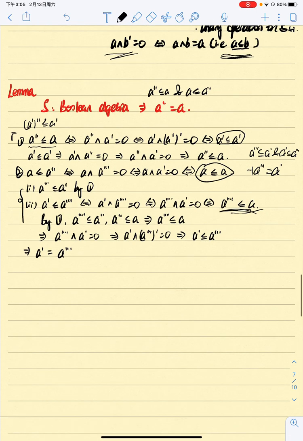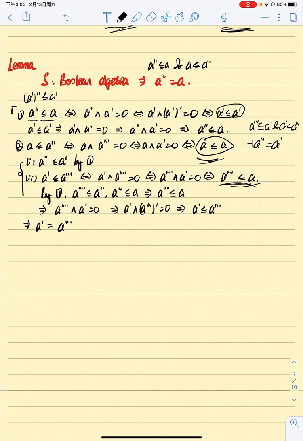So let's go back from here. Because A is smaller than A, A and A prime is 0. And because A prime is A triple prime, we change A prime to A triple prime. And here A triple prime, written as A double prime prime, is 0, right? So we can get A smaller than A double prime. Okay, we proved this.